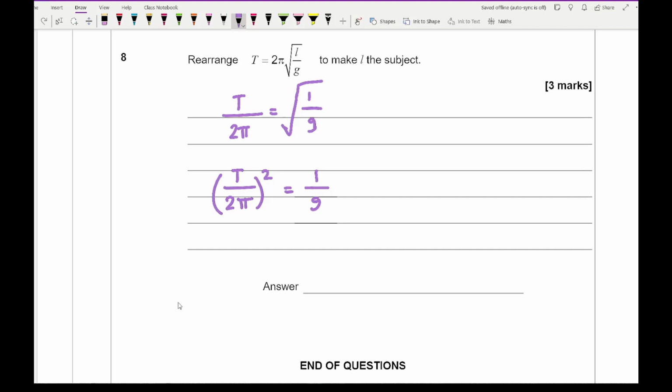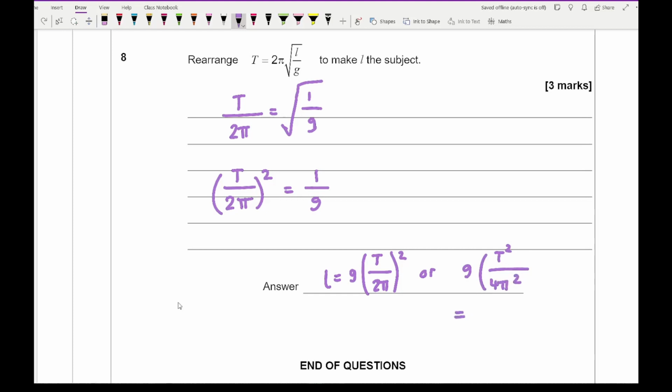So what I end up with is that L equals G multiplied by T over 2 pi squared. Or I could write this as G times T squared over 4 pi squared.